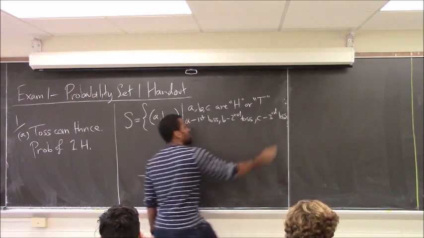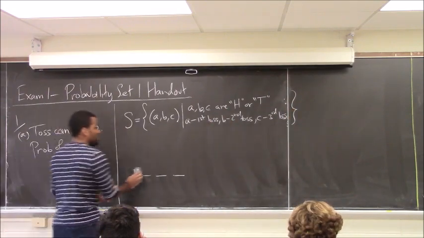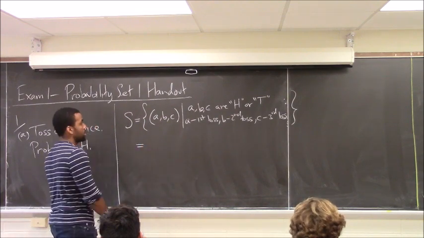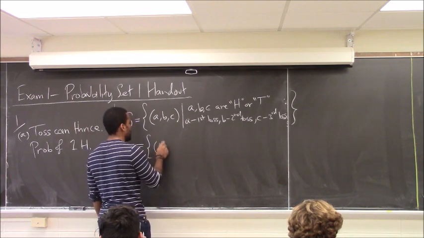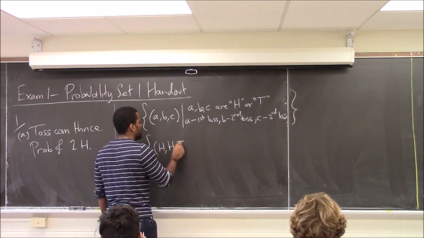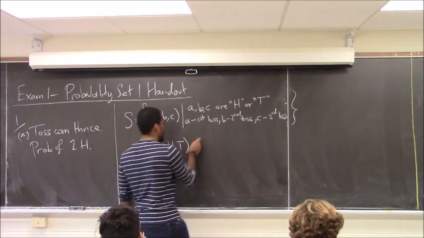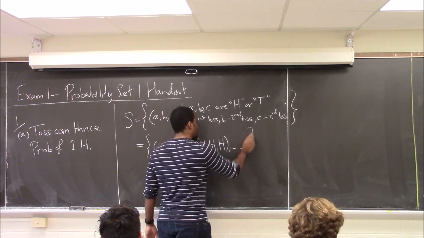Right? So I can conceive of my sample space as that set. Notice that I'm not going to write out all of them. So I could have heads, tails, for example, or I can have heads. I could have a bunch of things, okay?